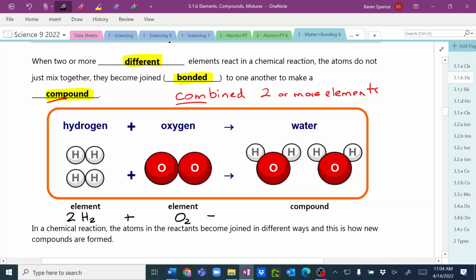And then the arrow means that they react to form. So if I take hydrogen and put it together with oxygen, they will react to form how many water molecules? 2 waters. So you're going to have a ratio of 2 to 1 to 2 for the number of molecules in there. Why do I need to have 2 hydrogen molecules for every 1 oxygen molecule?